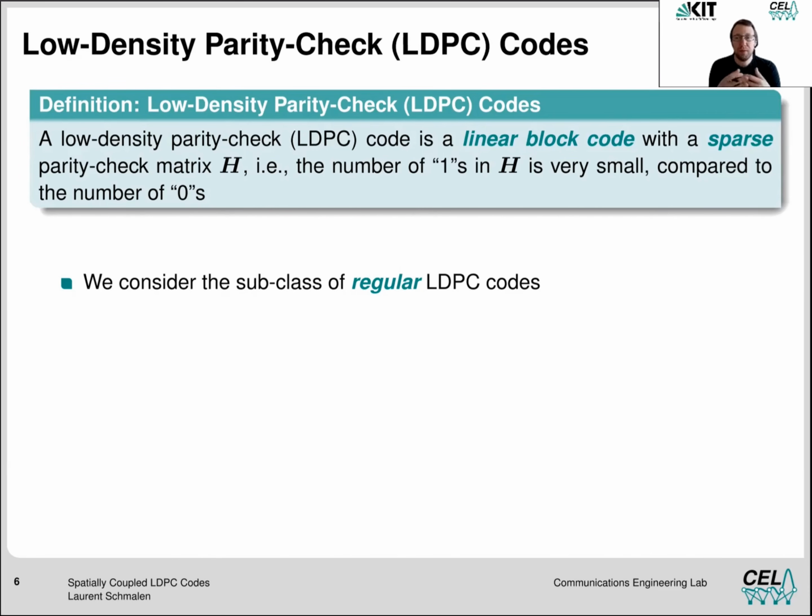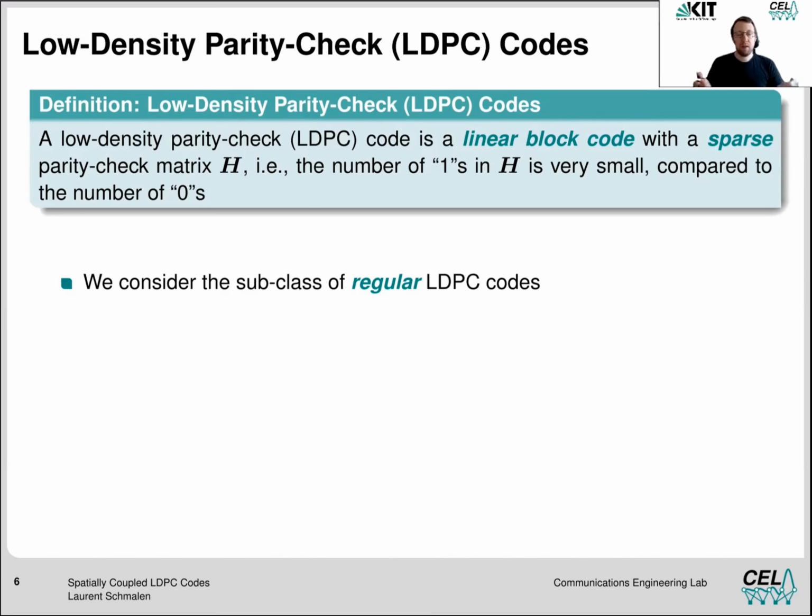And what is the reason for doing this? Well, it was mostly motivated by Gallager in the 1960s when he invented these types of codes as a means of reducing the storage requirements. We know that a random code with a random parity check matrix can achieve capacity, but the storage requirements, even for storing this matrix, scale as O(n squared), which is not necessarily feasible even for medium values of n.